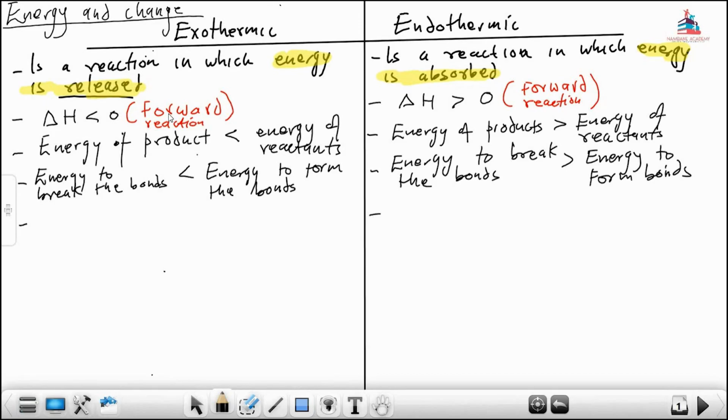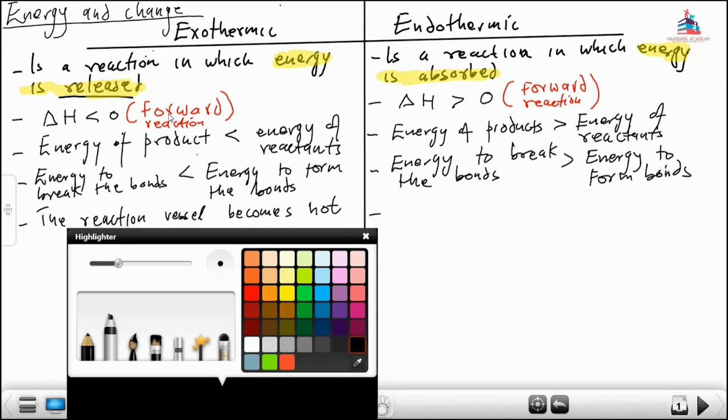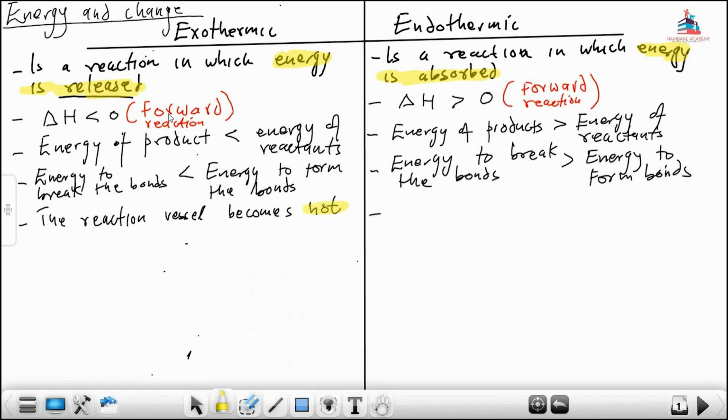If energy is released, it means the temperature of the reaction vessel rises, or we can easily say the reaction vessel becomes hot. That is important.